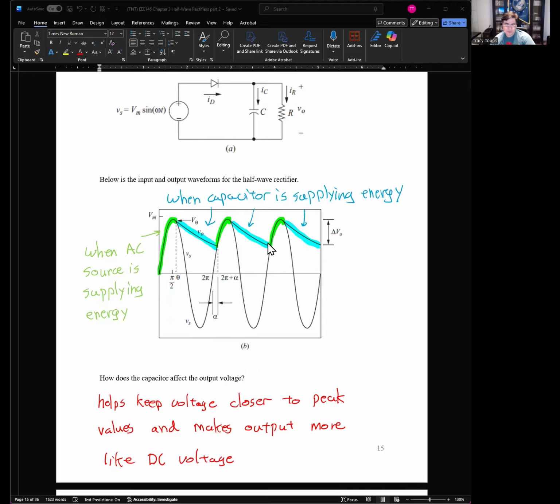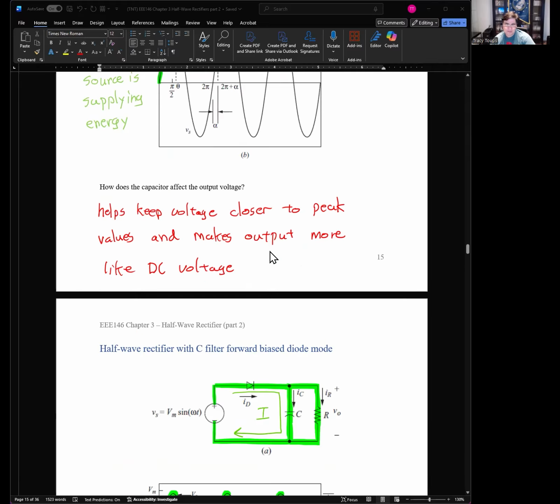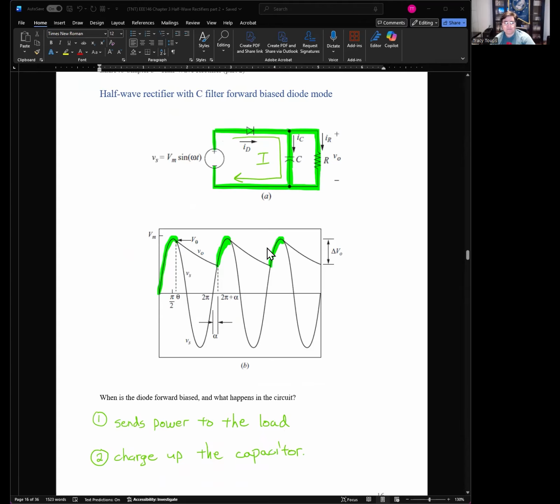And the difference between the lowest point, where the capacitor shuts off and the AC waveform returns, and the highest point, where the AC waveform goes away, that's your delta V out. This is your ripple, right? This is kind of like I'm going from 90 volts to 120. So my difference is 30. They're just throwing some numbers out there. Okay. So at the end of the day, much better output waveform with a capacitor involved. It's a pretty good idea to have one.